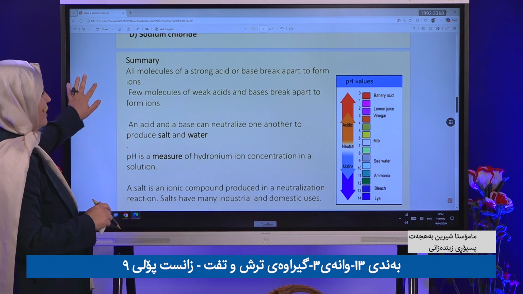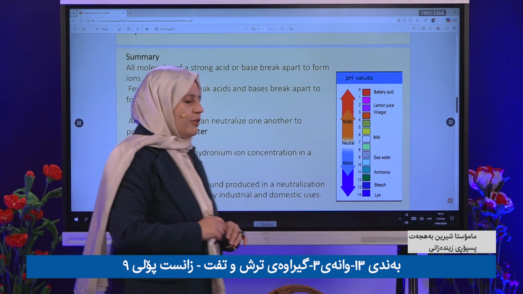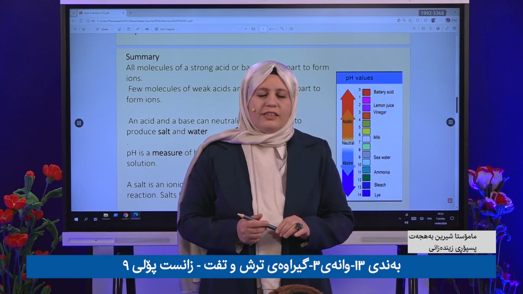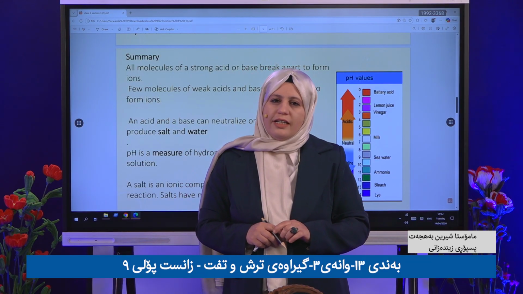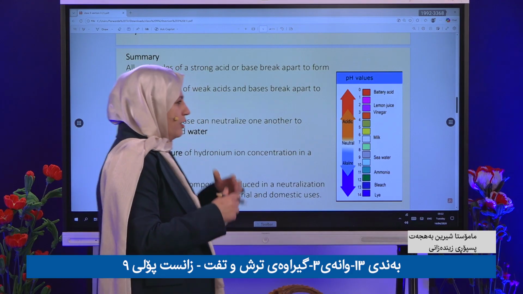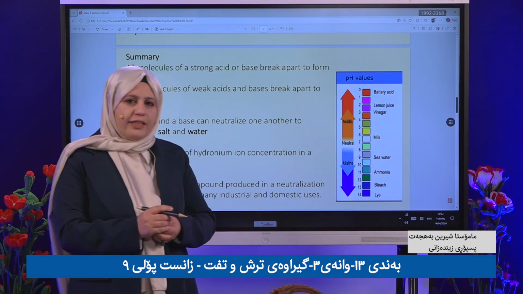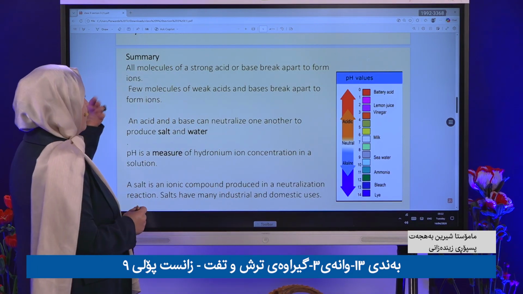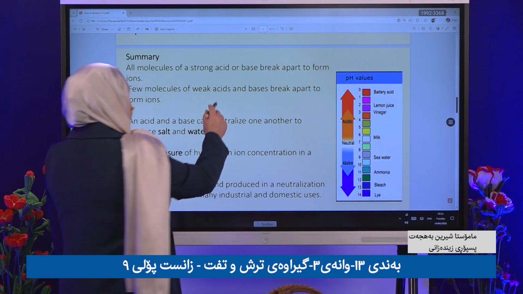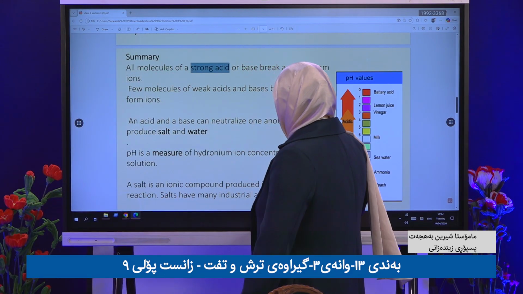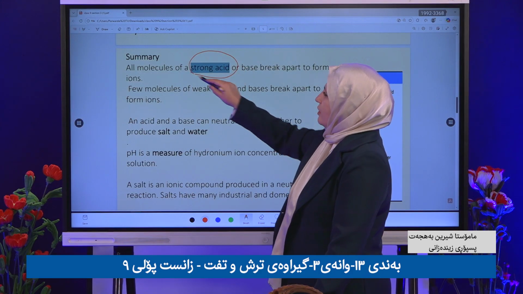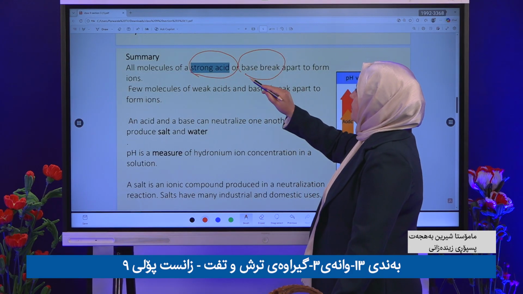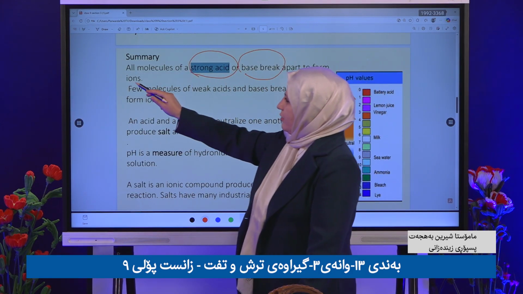Okay, dear students, from here we finish this chapter and this section. Inshallah, you'll get a high mark, okay? So, let's make a quick review together, which is the summary. In a strong acid, all molecules break apart into ions, okay?